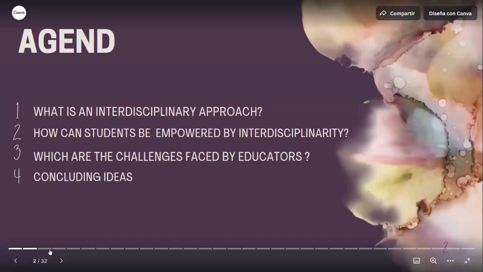So let's share the agenda. Basically, this agenda is organized with 3 questions that from the very beginning I have to say I don't have the answer to. So we are going to share some impressions on that. Well, what is an interdisciplinary approach? How can students be empowered by interdisciplinarity?